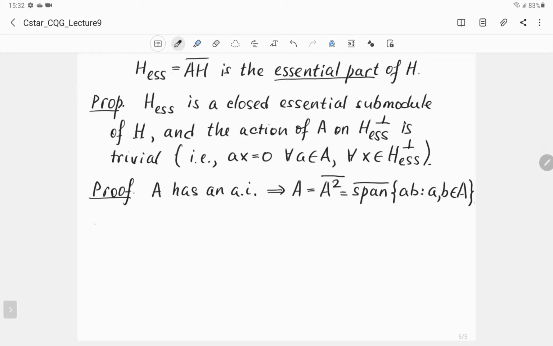Okay, now if we take the essential submodule and calculate the following submodule of the essential submodule, we want to prove that this is actually the whole essential submodule. So what is this? Well, by definition, this is the following. Now, for continuity reasons, I can remove one of the lines here.